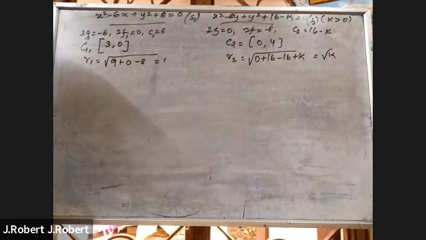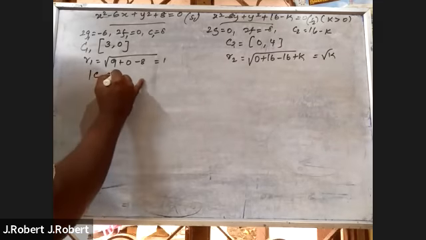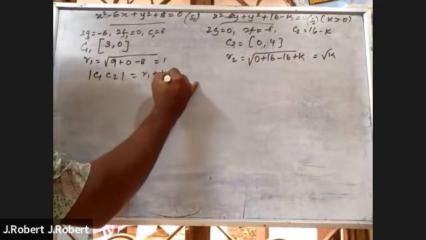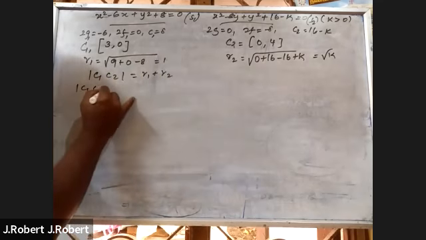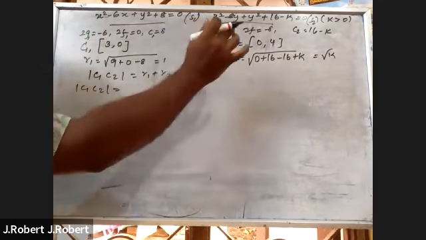Now, the value of C1C2 can be R1 plus R2, or R1 minus R2. I take it as external. Here they said both circles touch each other, which means that modulus of C1C2 is equals to R1 plus R2. First of all, you find out the distance between C1 and C2. We have 2 points.